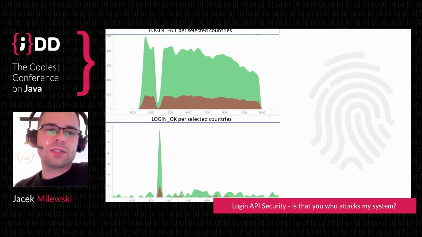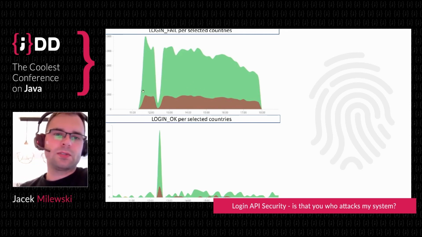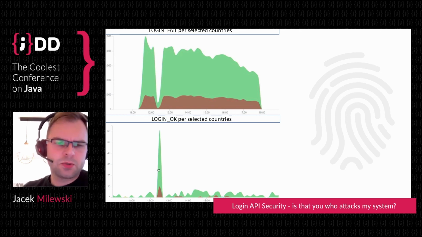And one of the most interesting attacks is this one. Again, I've selected two countries with login failures. You see that there is a green and a brown country that have login failures, and there is a break, a pause. And on the chart below, you see login success from those two countries.